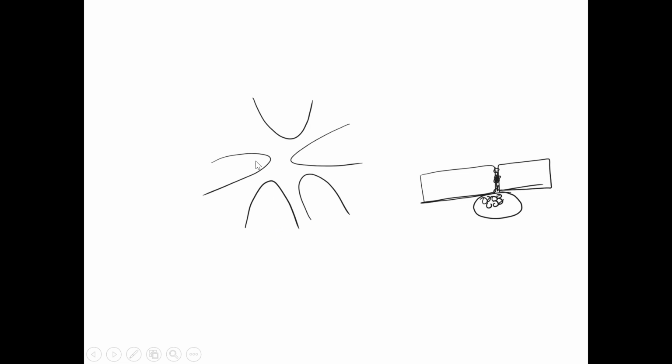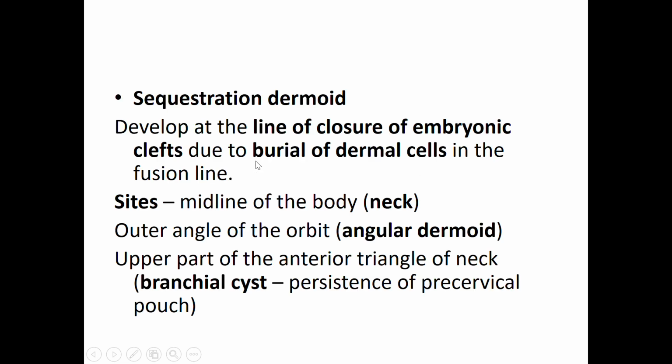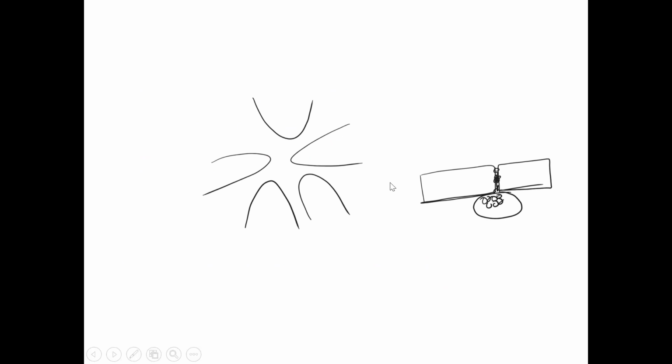Now coming back to what is sequestration dermoid. Sequestration dermoid is when these dermal cells get buried at the point of the fusion of the embryonic clefts or the processes. This leads to the formation of the sequestration dermoid. If you can see in this picture, I told you that these processes join and they form the face.